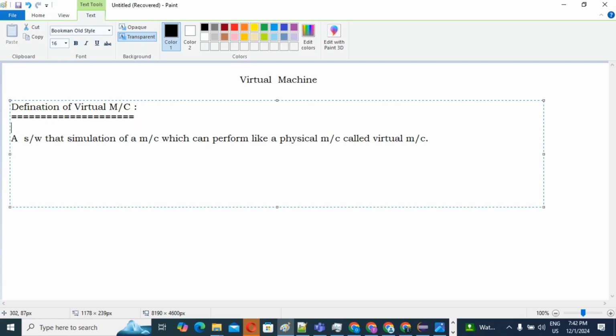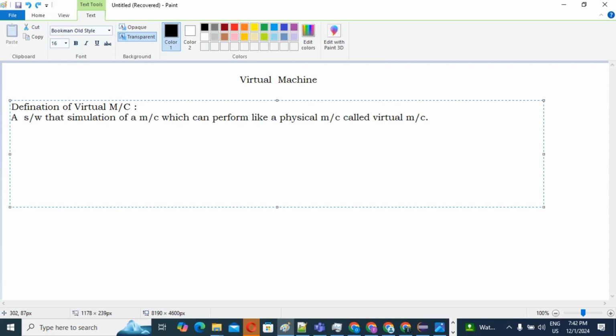Simple thing also. In other words, we can understand it in such a way: which is not having physical existence, right?